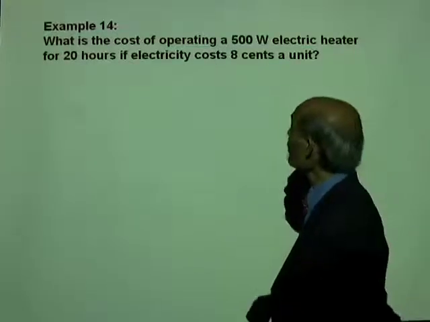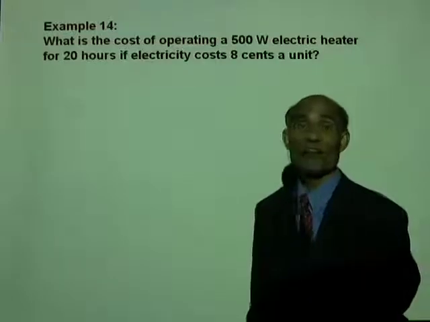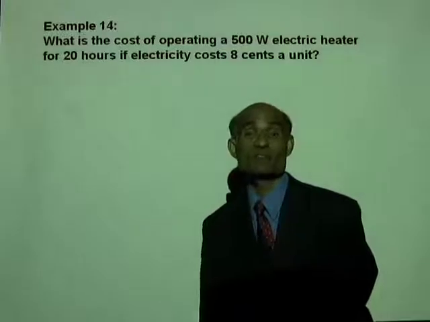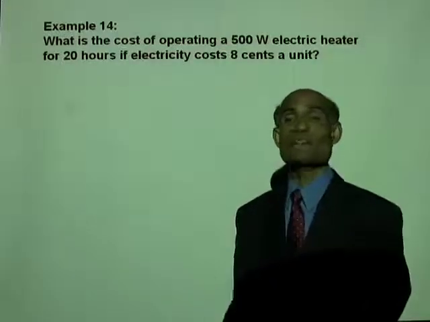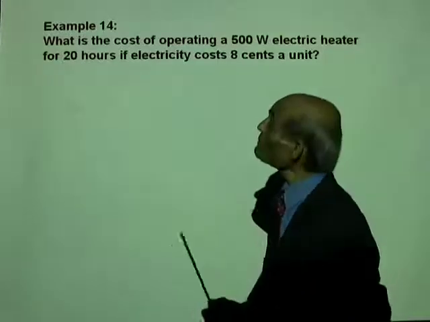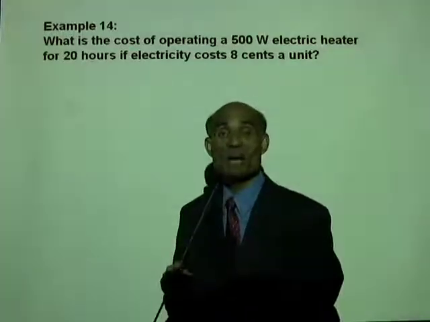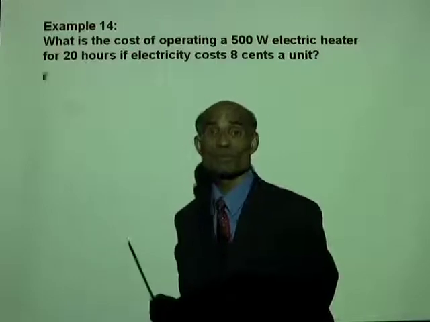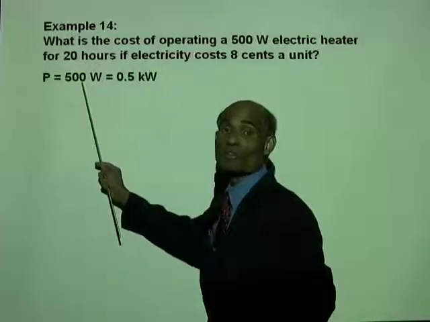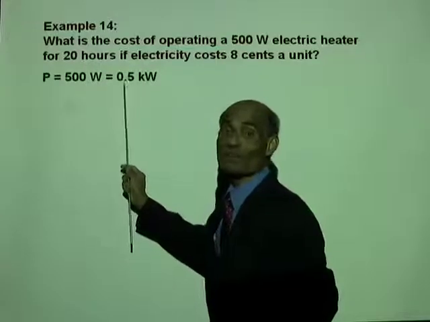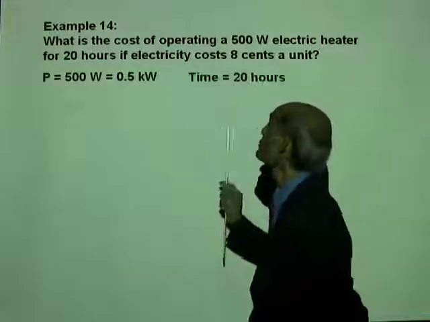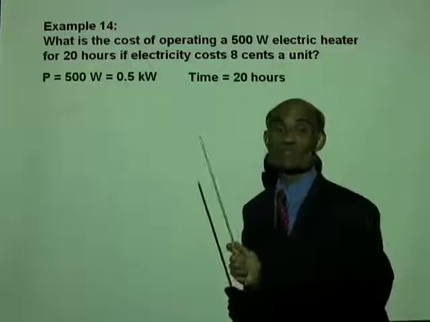Another problem. What is the cost of operating a 500 watt electric heater for 20 hours if electricity cost 8 cents a unit? Well, first of all, you need to figure out the number of kilowatt hours. The power given is 500 watt. Write it in kilowatt. That is 0.5 kilowatt. And how many hours is it used? For 20 hours.